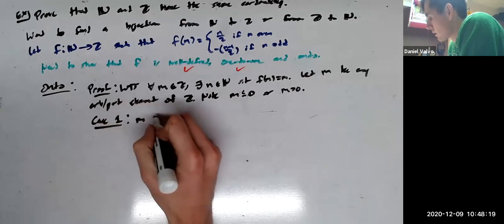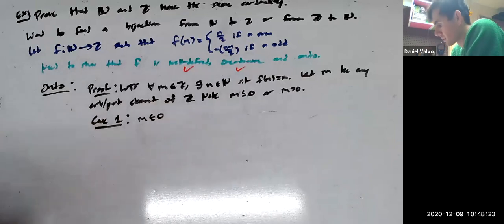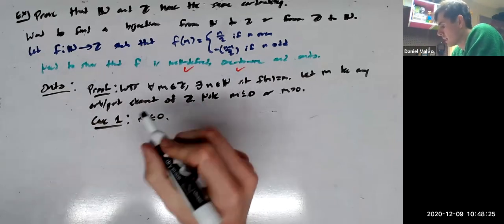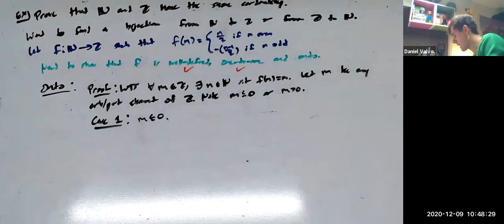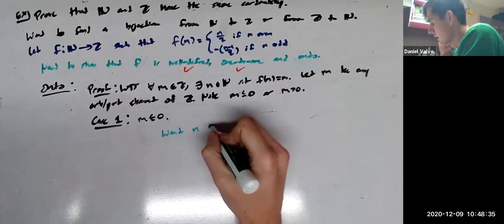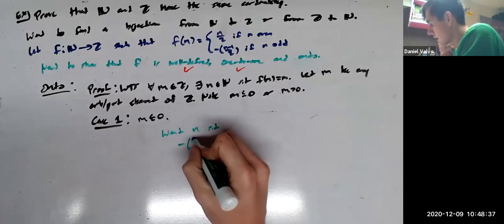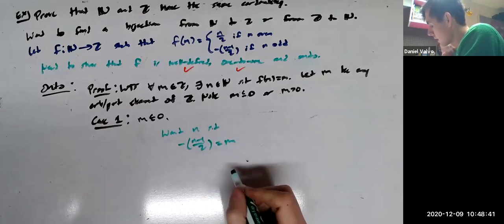Case 1, m is less than or equal to 0. So if it's less than or equal to 0, we know the odds will handle it. And which odds specifically? We want n such that negative n minus 1 over 2 is going to equal m.